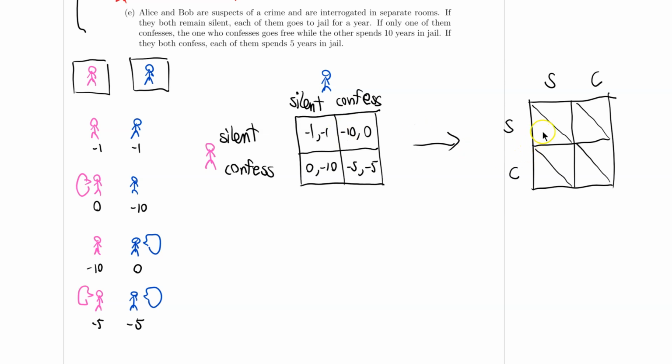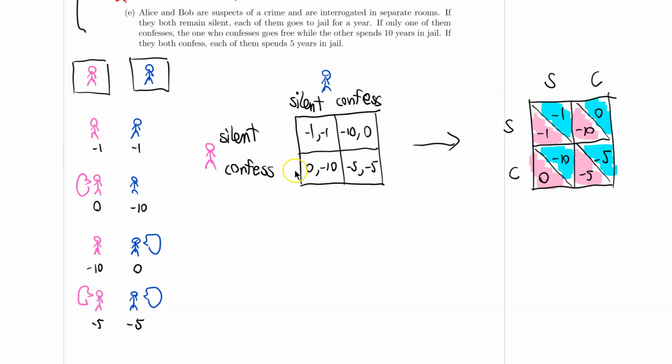The number in the bottom triangle goes to Alice, and the number in the top triangle goes to Bob. So I can write the same matrix this way. For the first row and first column, it's -1, -1, and this is -10 and 0, and this one is 0 and -10, and this is -5 and -5. It's the same thing, just written in a different way.